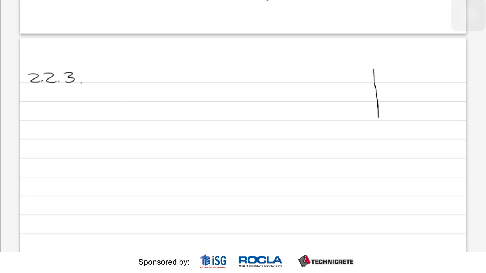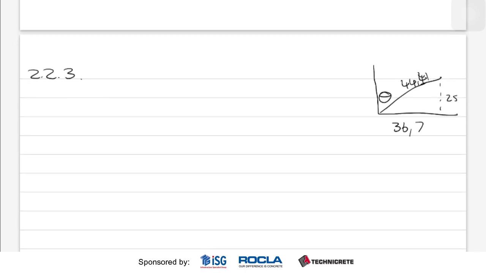Well, again, let's draw out what we have. So we have our resultant here of 44,41, our x of 36,7, and our y of 25. So how do we figure out our direction? We need to figure out our angle theta over here. So what do we have?